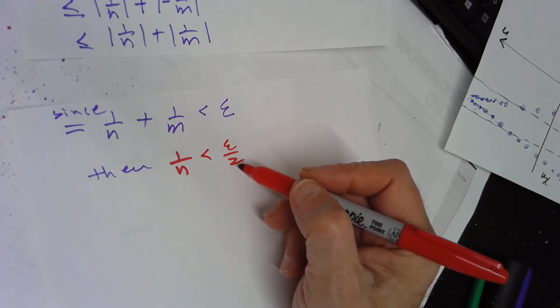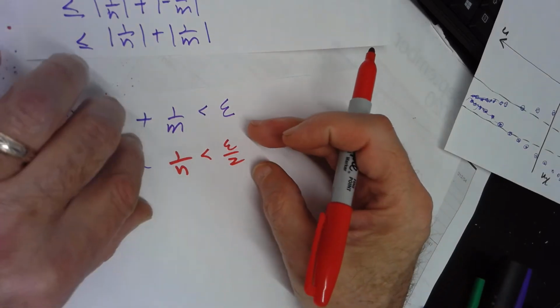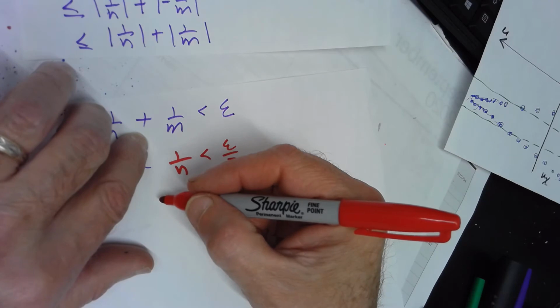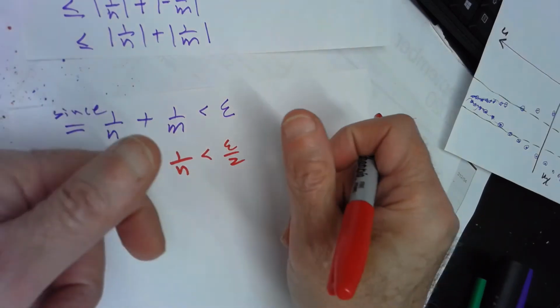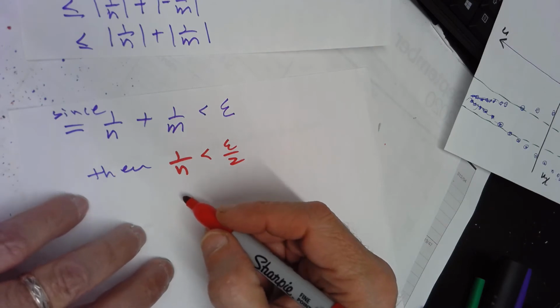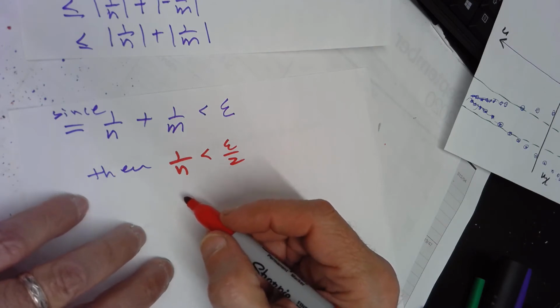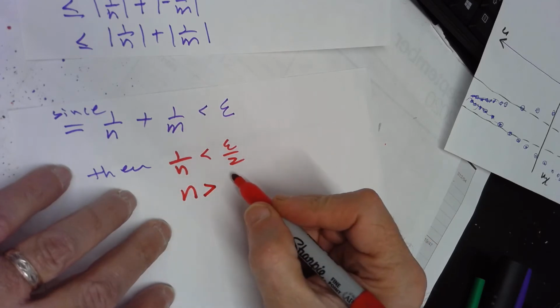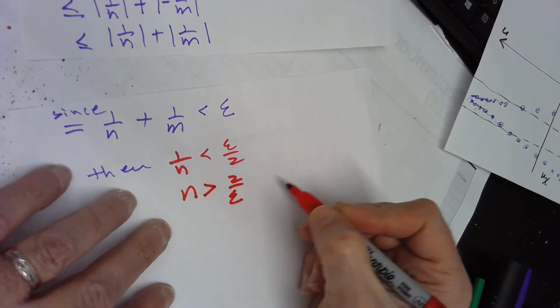If we were to go ahead, we can multiply by n and divide by epsilon, or we could just apply the reciprocal to both sides, and so that becomes n, and we would switch that inequality to greater than 2 over epsilon.